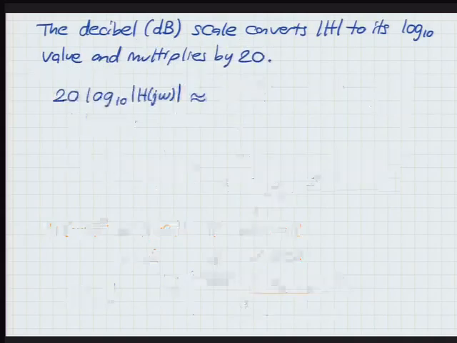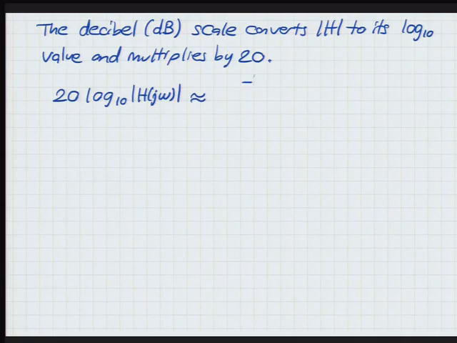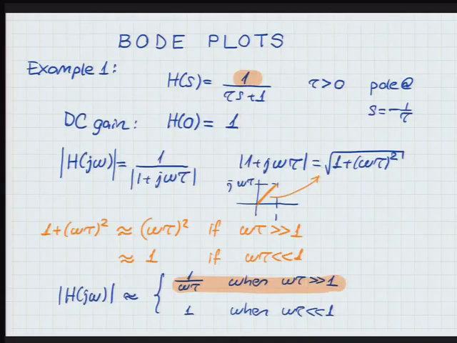So it is going to be negative 20 times log 10 of omega tau, when omega tau is a lot bigger than 1.